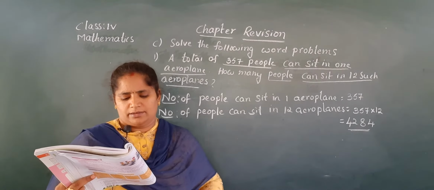Okay. So Sandeep receives how much amount per day? Yes, 450 rupees. So he receives 450 rupees per day. Okay. Then how much does he receive in the following months?